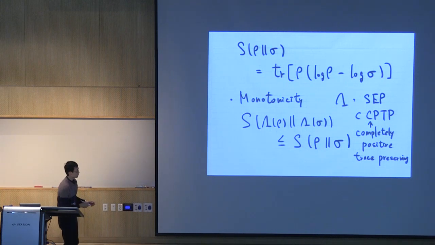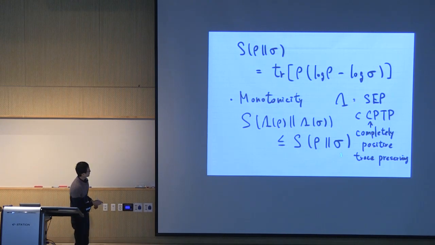Anyway, this is probably the most general operation you are allowed to perform in quantum information theory. I do not give you the definition of completely positive, but trace preserving is very natural.